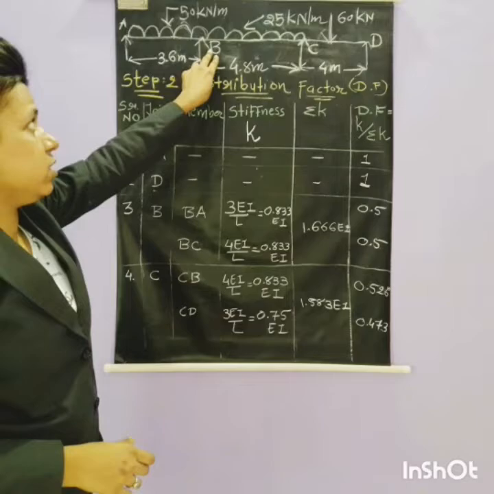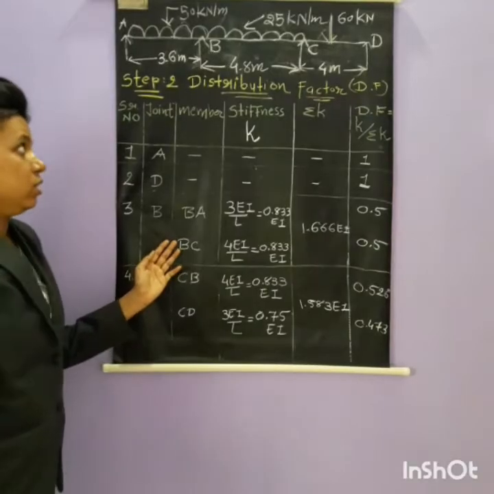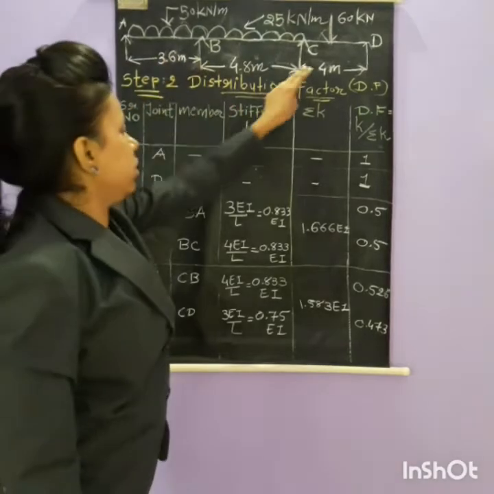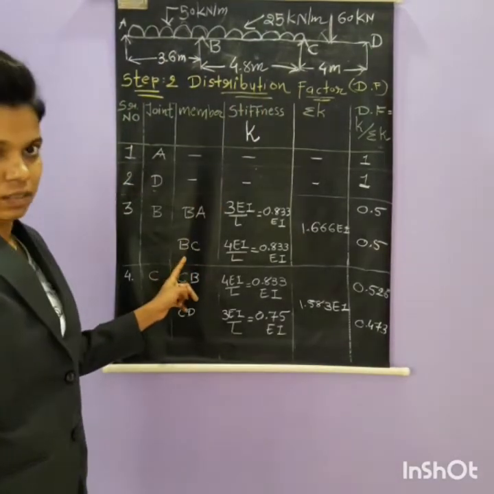Next is intermediate support B, which has two members, member BA and member BC.